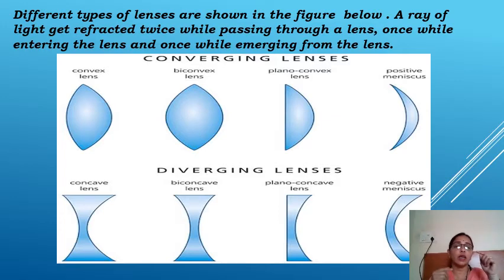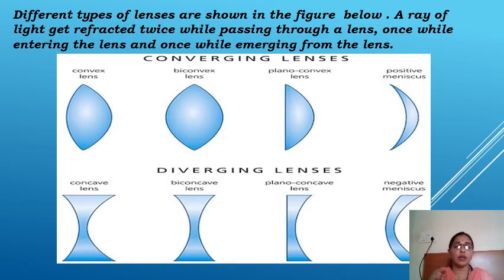It enters the lens, refracts, and when it comes out, it refracts again. So two times refraction takes place in the lens: once when the ray of light is entering the lens, and once while it emerges out from the lens. So there are two types of lenses, that is converging lenses and diverging lenses.